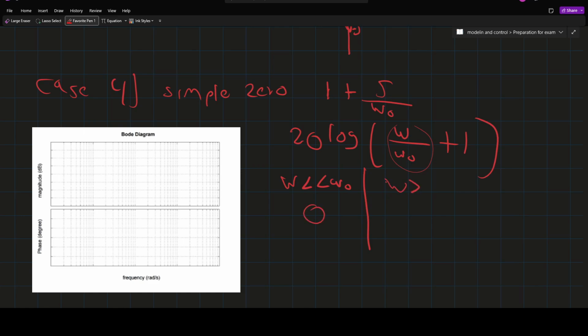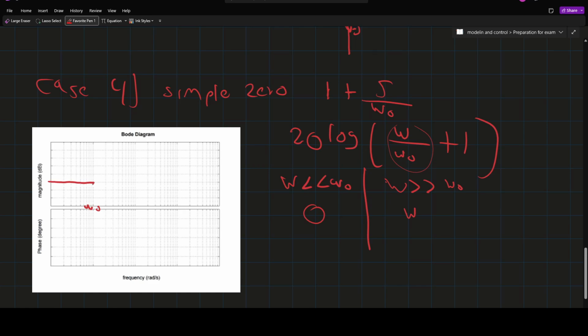Now, when we have the other case, that omega is a lot bigger, then this is just going to behave like omega. This one is not going to matter. So if we look at this here, we said that until omega naught, we are going to have 0.